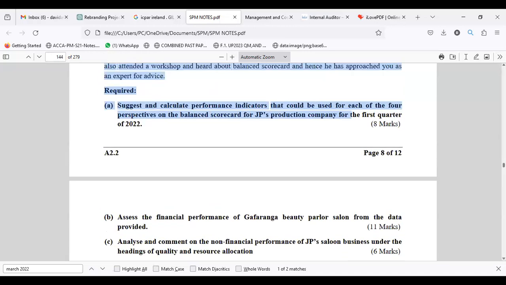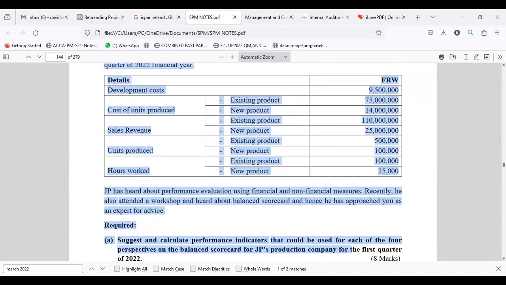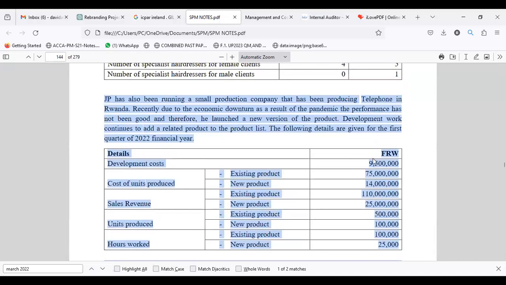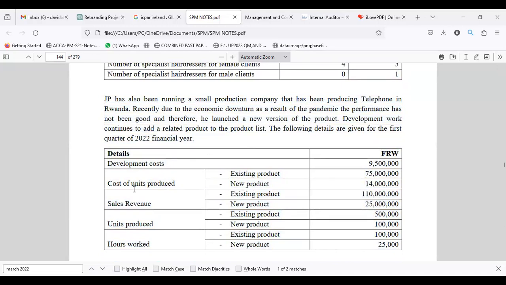Also, since I know the balanced scorecard usually focuses on the four perspectives, I could easily see the details. There are things like sales, units, hours, and development costs. So I'd easily predict that the balanced scorecard is focused mainly on these.